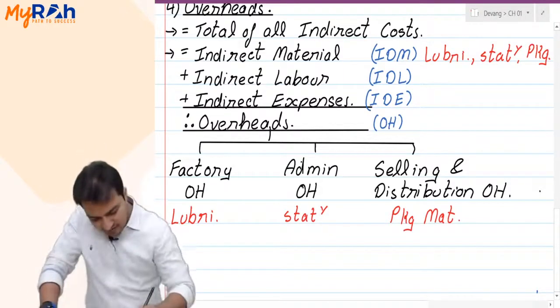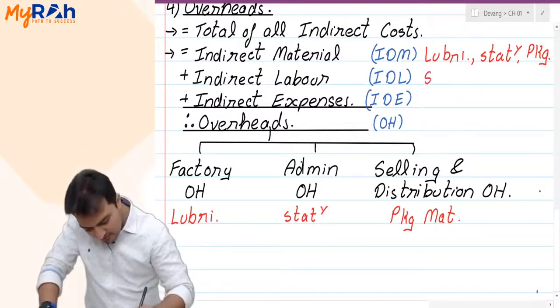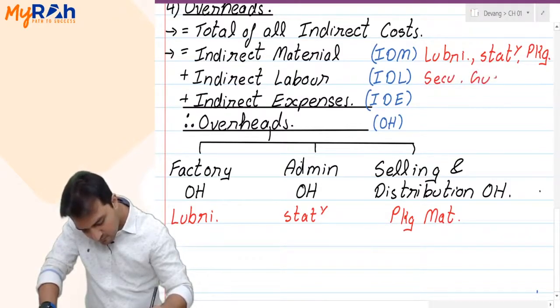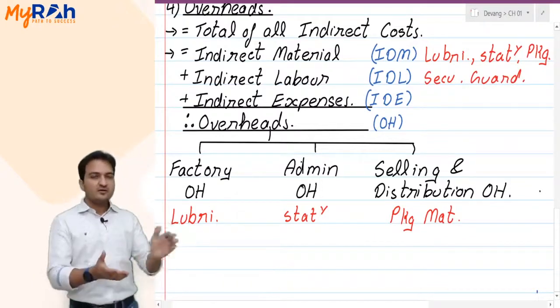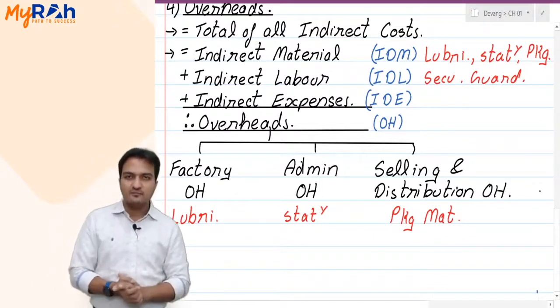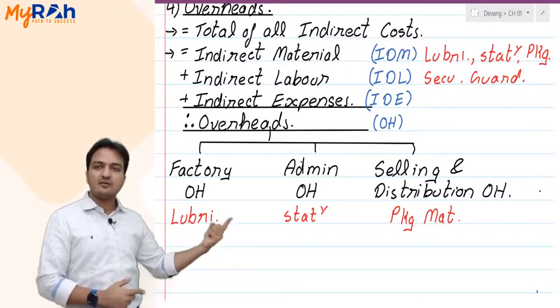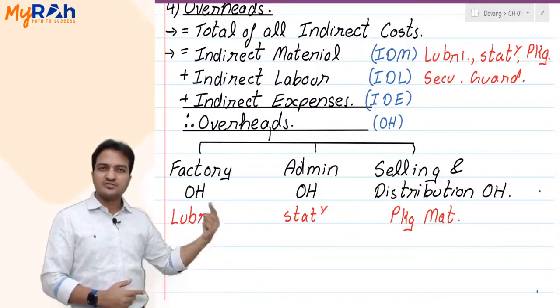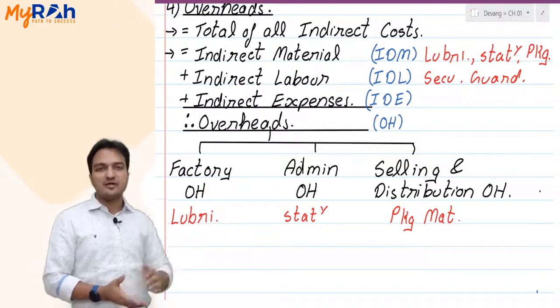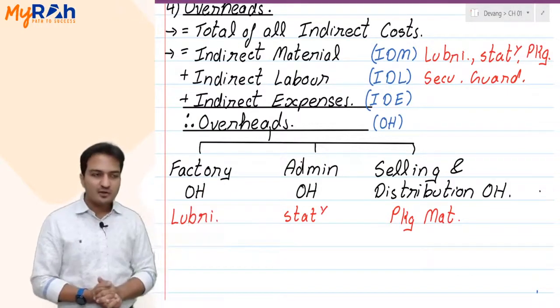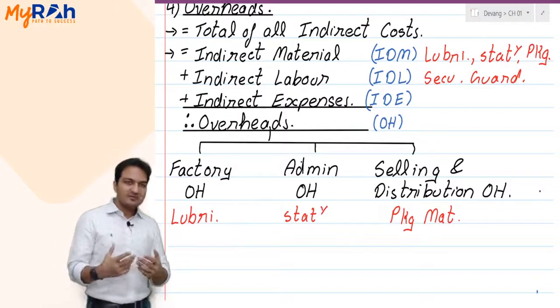Similarly, indirect labor. For indirect labor, I gave you the example of a security guard. Now, if the indirect labor example was a security guard, where would that fall in my classification here? Will that fall as factory overheads or admin overheads or selling overheads? Well, think logically, it can fall in either one of them.